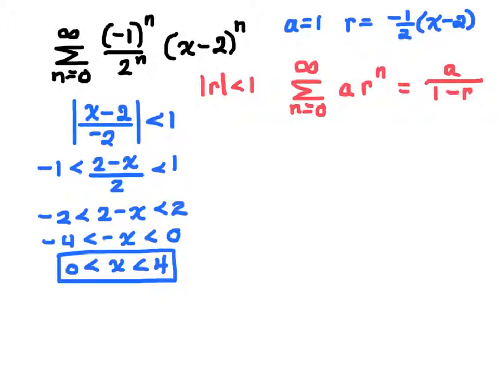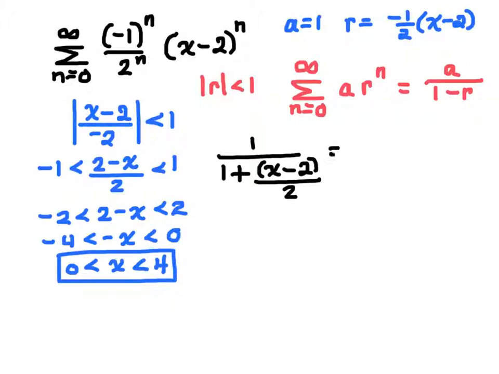So it's going to converge to some function, a, which is 1, over 1 minus r, and r is (x - 2) over a negative 2, and I'm going to take that negative 2 and factor that out, making this positive.